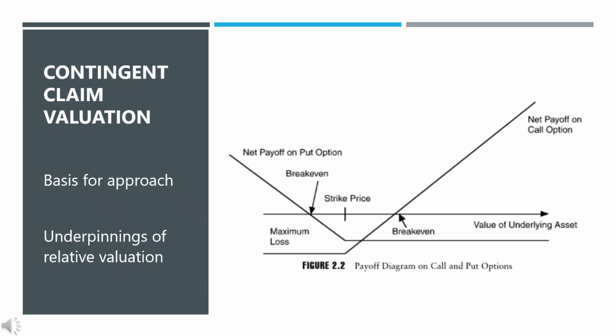Figure 2.2 illustrates the payoffs on call and put options as a function of the value of the underlying asset. An option can be valued as a function of the following variables: the current value and the variance in value of the underlying asset, the strike price and the time to expiration of the option, and the riskless interest rate.